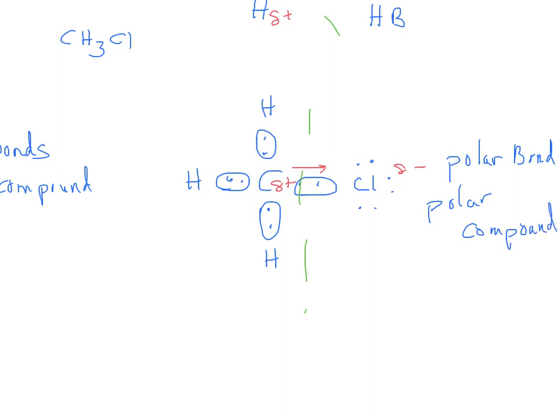I can draw a line separating a positive and a negative side. My bond arrows don't cancel out, and it's an asymmetrical molecule. Because it's a polar compound and there's no O, N, or F connected to an H, this compound will dipole-dipole.